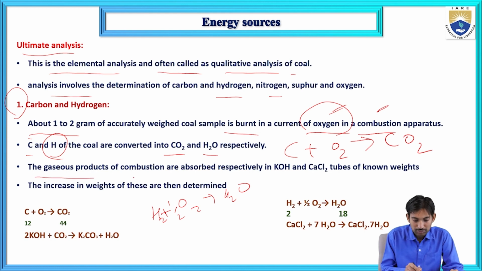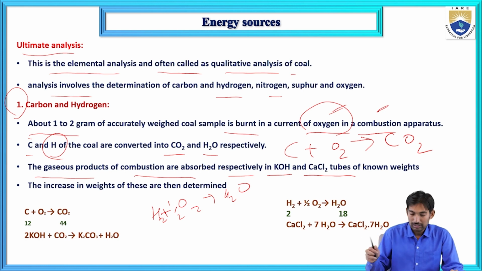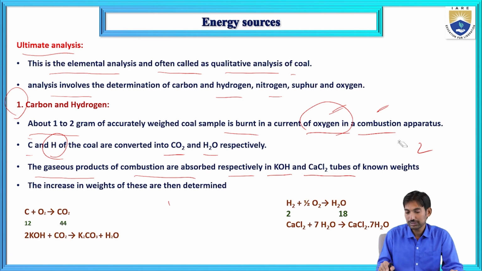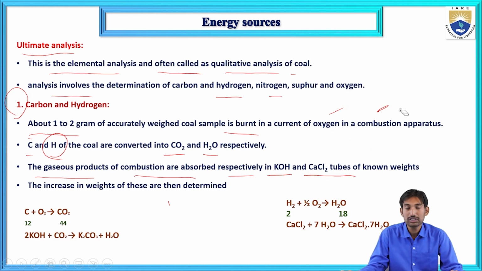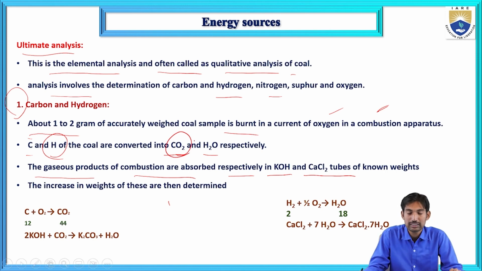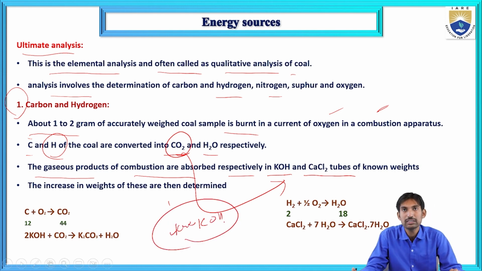The gaseous products of combustion are absorbed respectively in KOH and CaCl2 tubes of known weights. After formation of carbon dioxide and water, we send the evolved carbon dioxide gas into the known weight KOH tube, the potassium hydroxide tube.